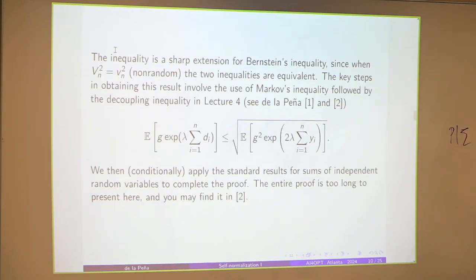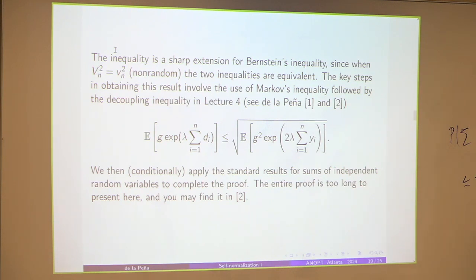If you have a martingale difference sequence, the probability that the sum of the d_i's is bigger than x is going to be less than or equal to e to the minus lambda x times the expected value of e to the lambda summation of d_i's.